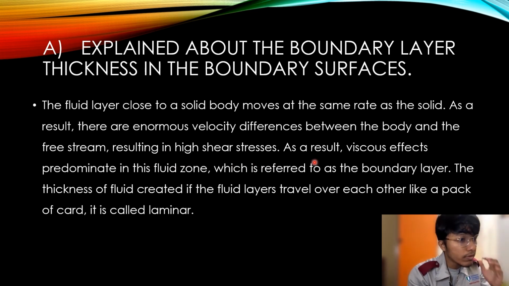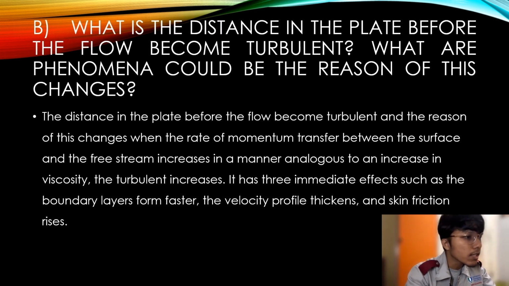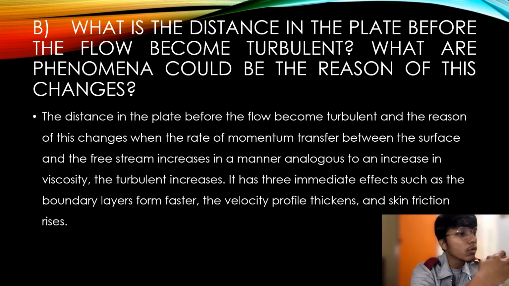As a result, viscous effect is predominant in this fluid zone, which is referred to as a boundary layer, the thickness of fluid created if the fluid travels over each other like a pack of cards. It is called laminar.